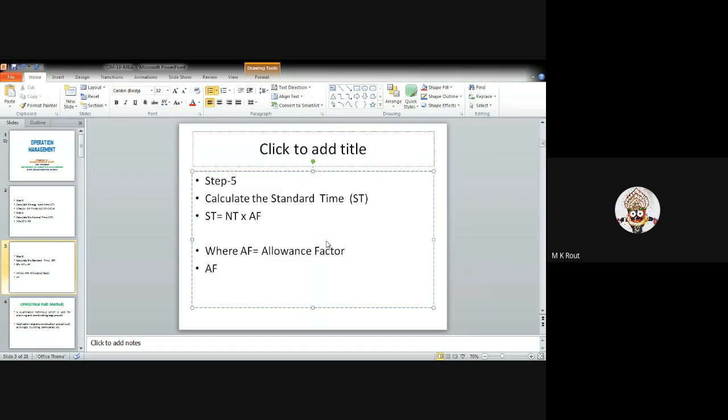The formula for AF equals 1 divided by 1 minus the percent allowance. Is it clear to all? Yes, sir.